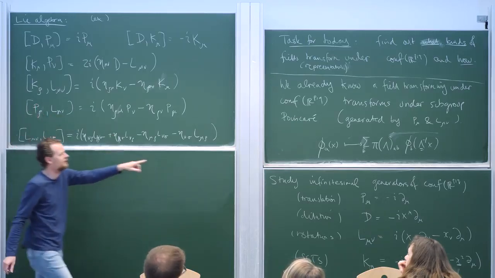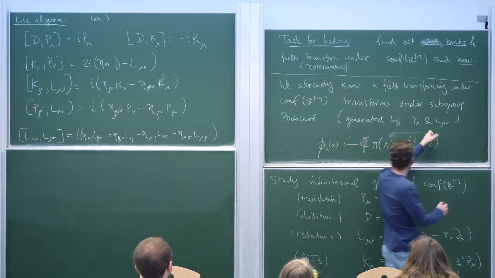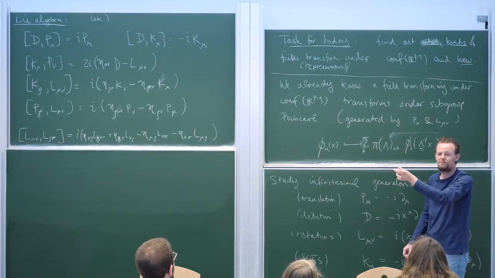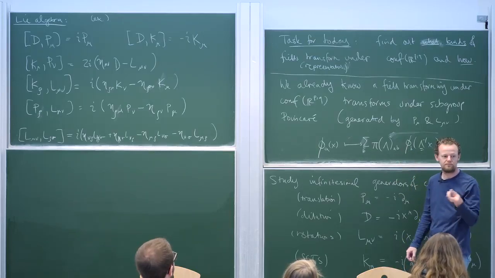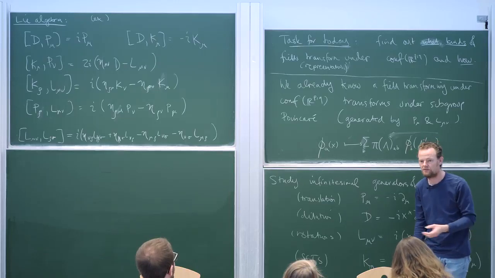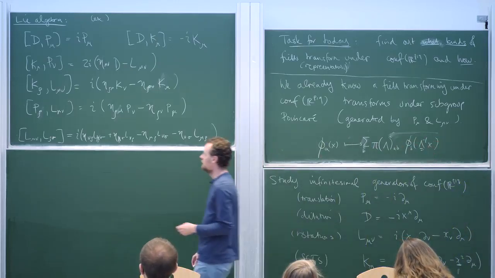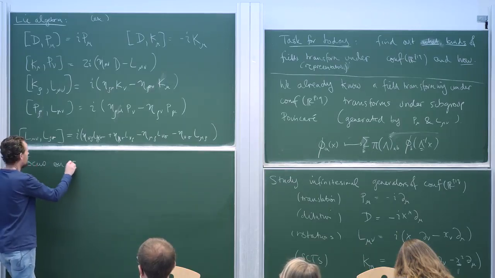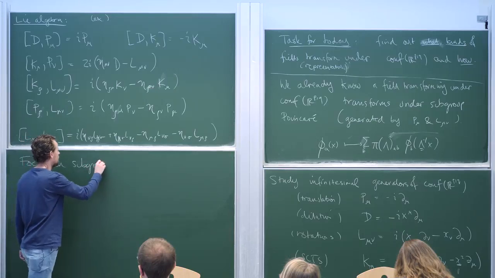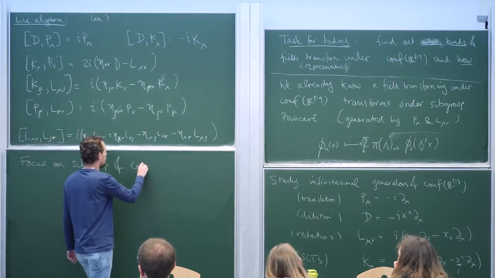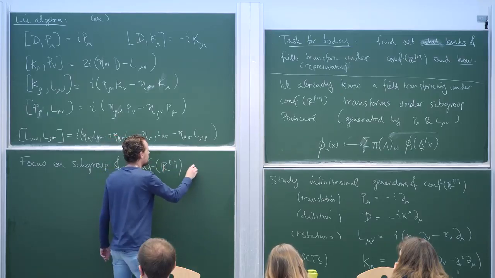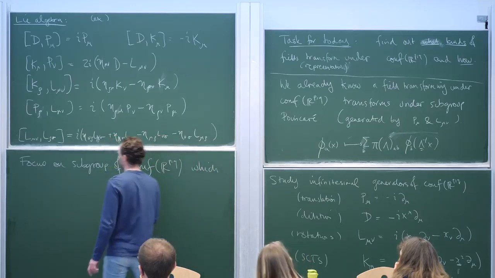All the non-trivial stuff in this transformation law is really the additional rotation that a vector field might experience when you do the rotation, or the boost, or the dilation. To isolate that non-trivial dependence, we focus on the subgroup of conformal transformations which leave the origin fixed.